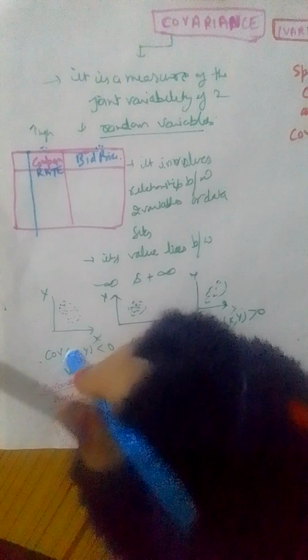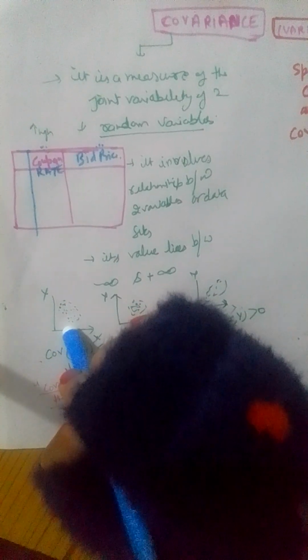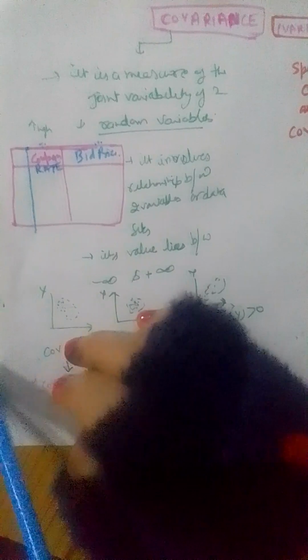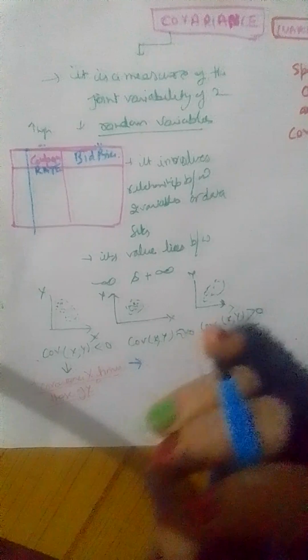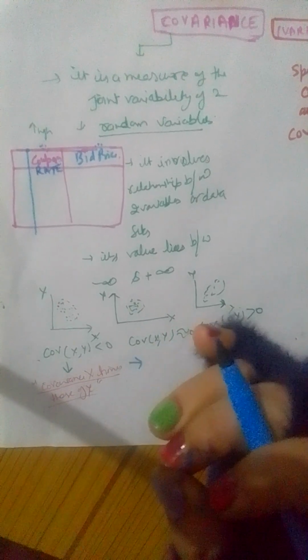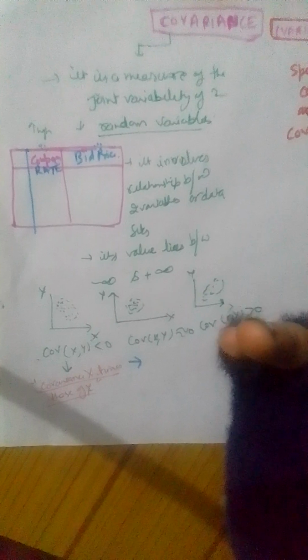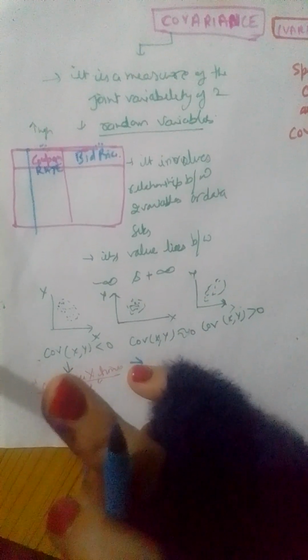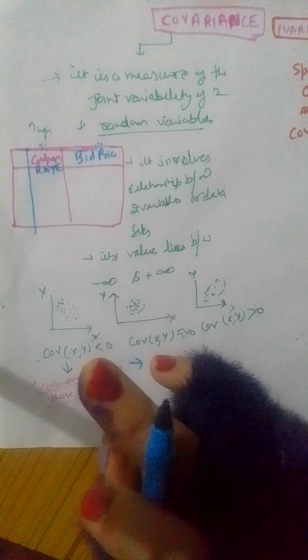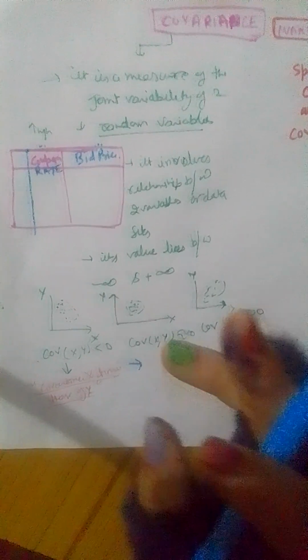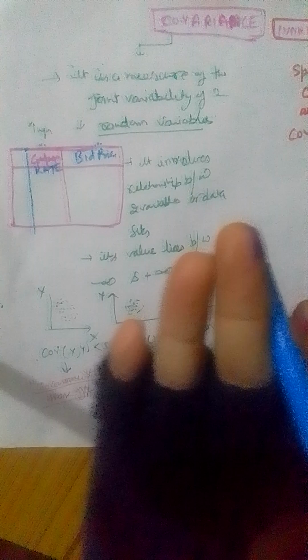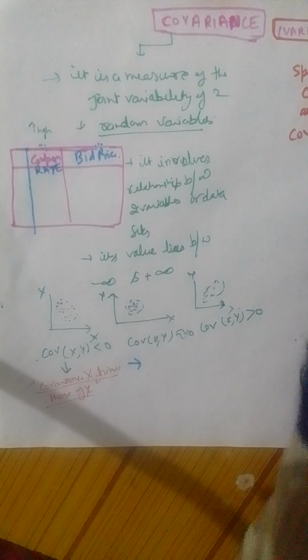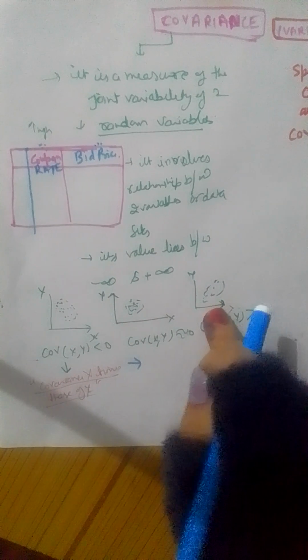If there is a tendency in the linear relationship between the variables, if greater values of one variable mainly correspond with greater values of the other variable, that means it is the positive response. If one variable is increasing and another variable's value is decreasing, that represents the negative value.